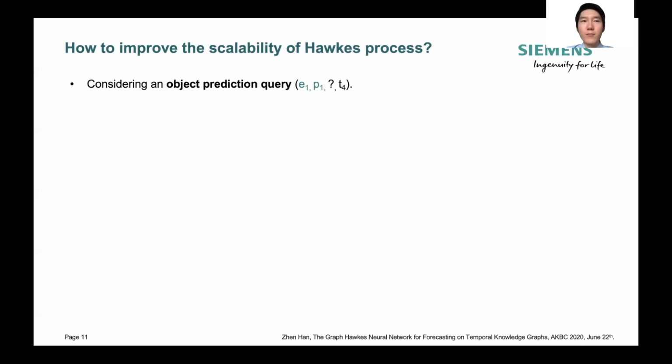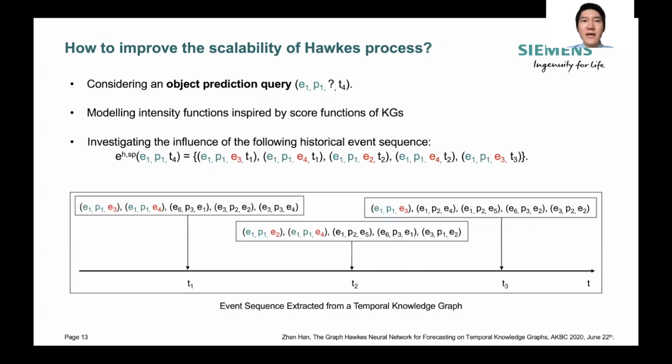Inspired by the score function of static knowledge graph embedding methods, we use entity and predicate representations to model intensity functions instead of using event-specific parameters. Besides, we focus on the influence of past events that include the query subject E1 and the query predicate P1. We call these events the historical event sequence of this query.